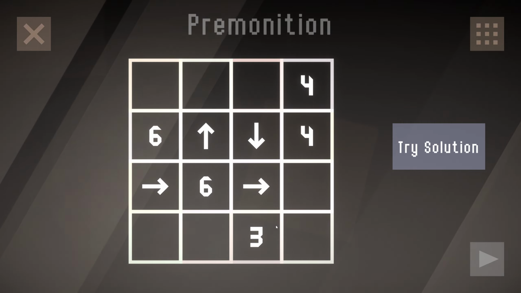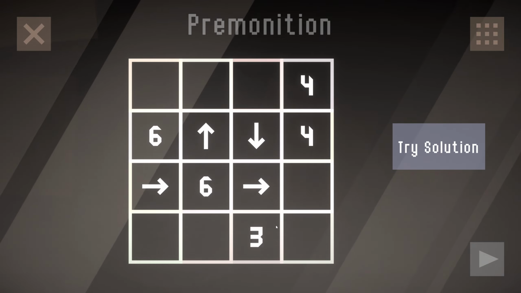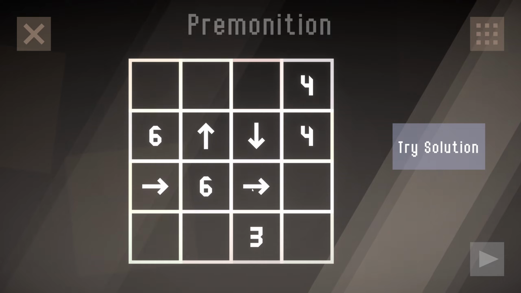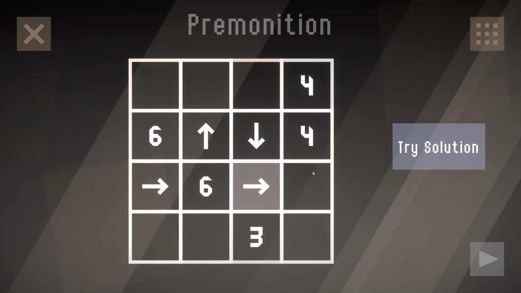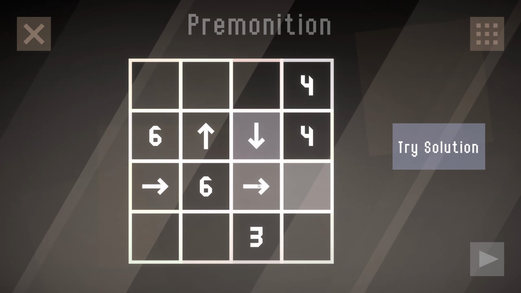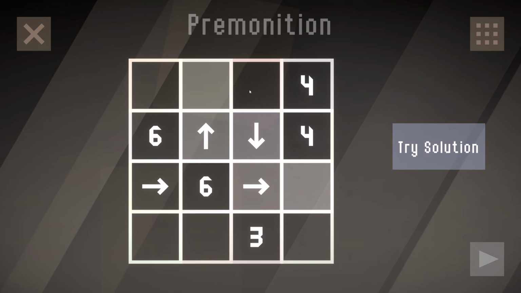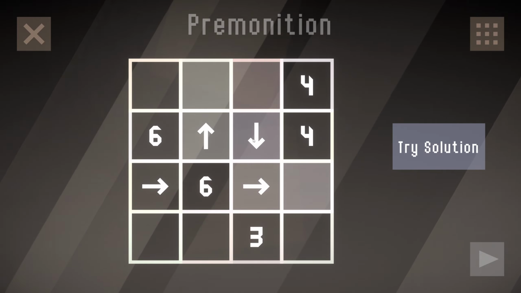So many arrows, though. Premonition. Right. This includes this. This includes that. This includes that. Which is part of this.